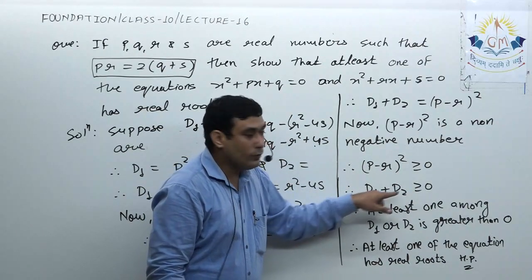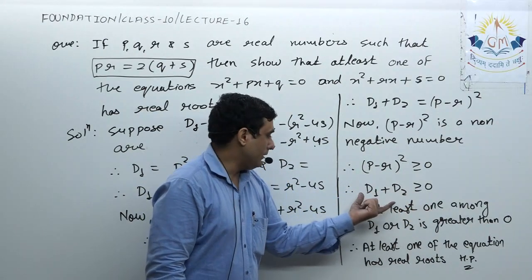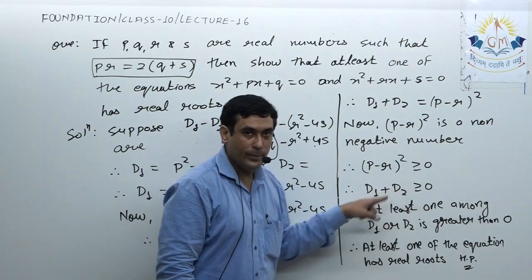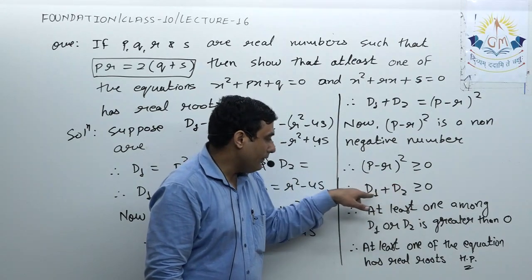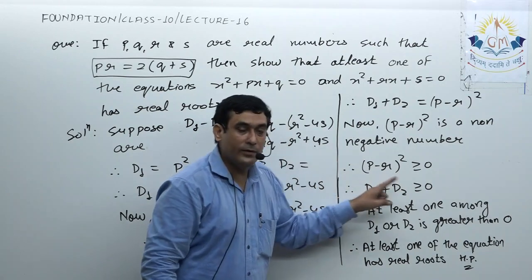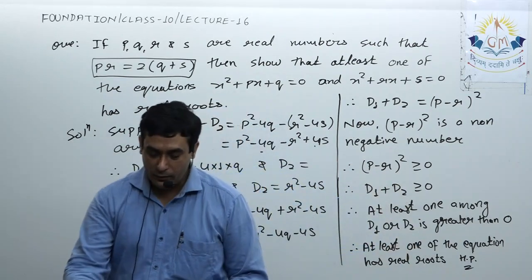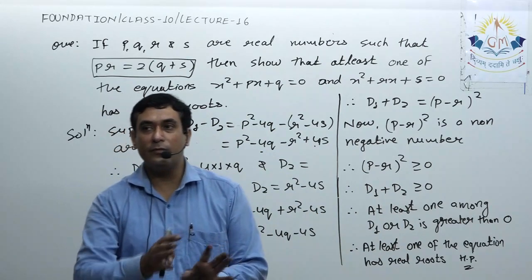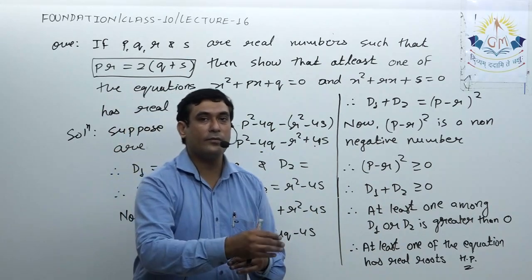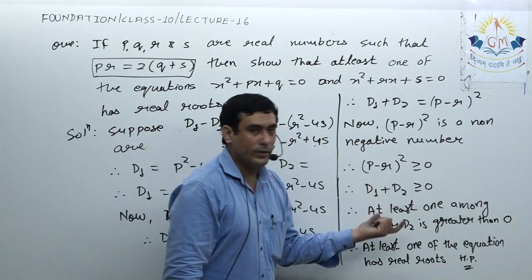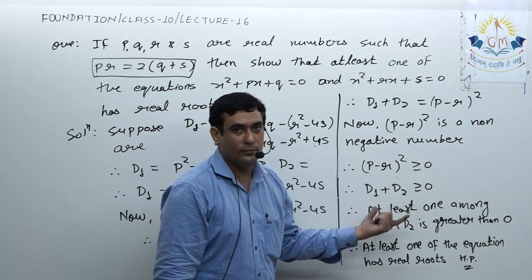I am talking about the sum of two quantities, not saying positive quantities. d1 plus d2 may be greater than 0, and if it is greater than 0, definitely one will be positive. It's very simple: if I tell you to find two quantities whose sum is greater than 0, you have to take at least one quantity positive.